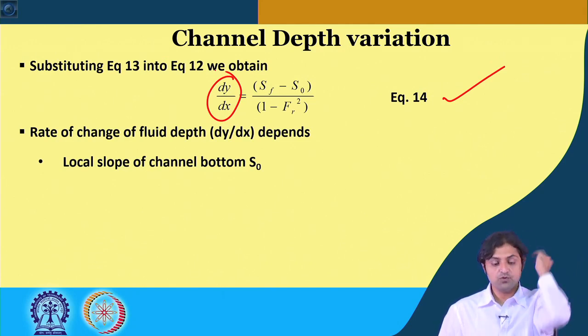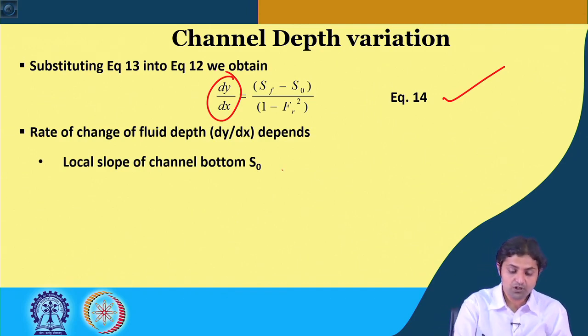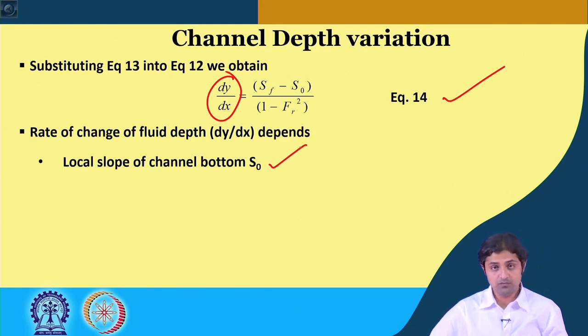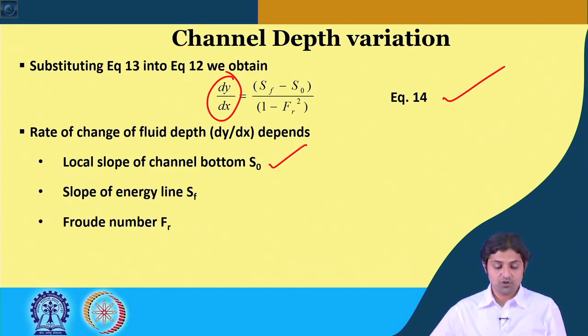This dy by dx depends upon the local slope of the channel bottom, S naught, the slope of the energy line Sf, and the Froude number Fr.